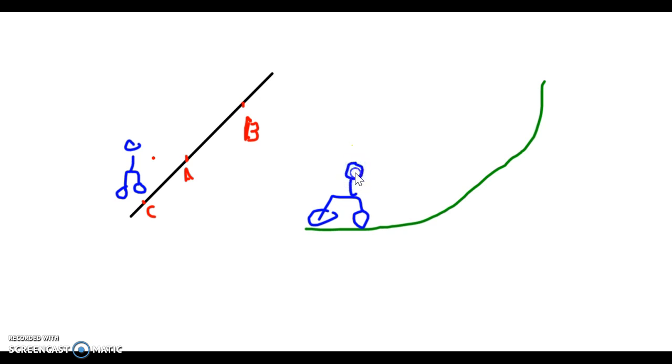Obviously it's a little steeper here. But imagine riding right in between, in this part here. It's nearly impossible. So the slope, the steepness of the hill, changes when we have a curve. When it's a straight line, it is always the same no matter between which 2 points we choose. That's an important concept for you to understand when we talk about slope.